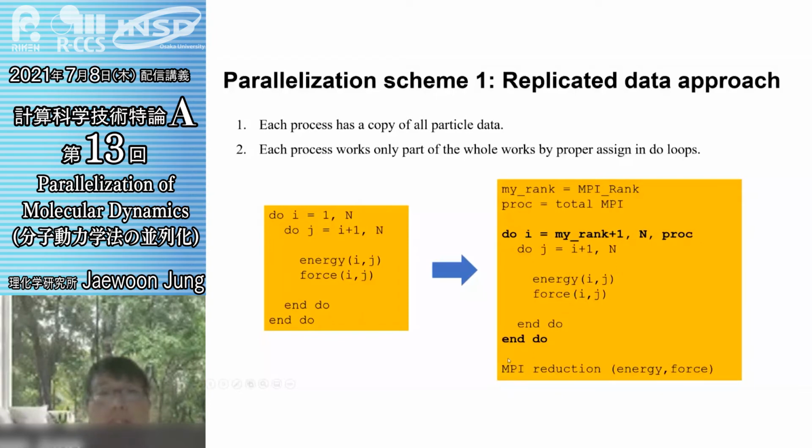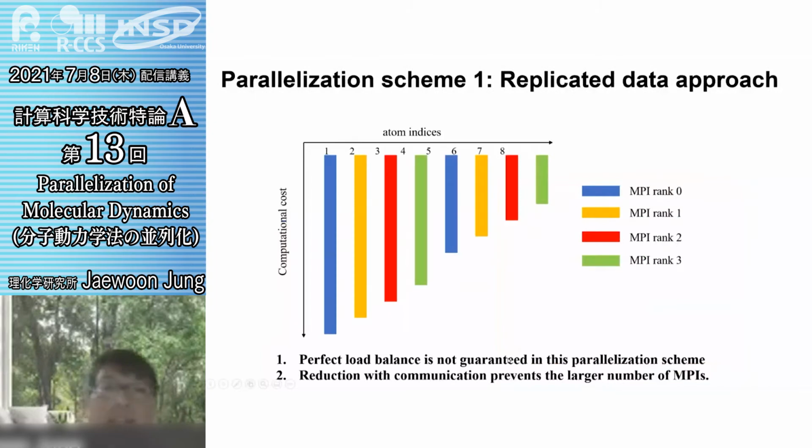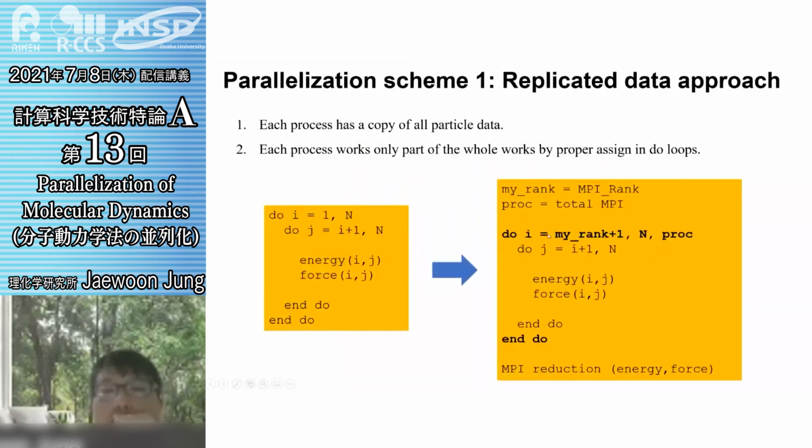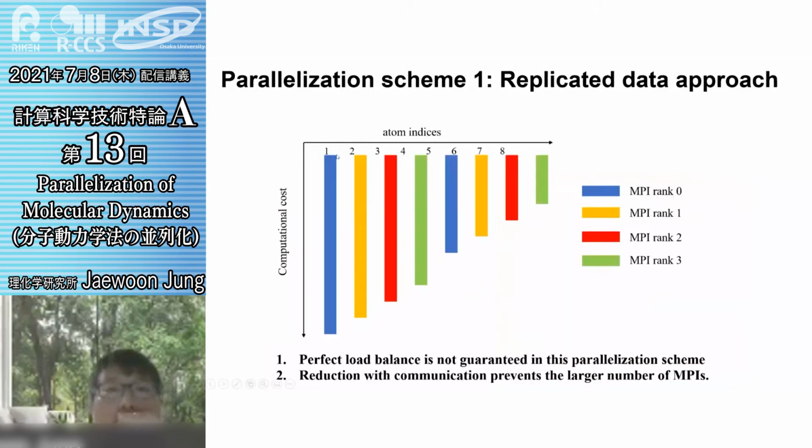So finally, we need some reduction scheme in MPI. In this case, let's see that. For each particle I, they have a J list of a different size in this way. The second one has, and third, fourth, fifth, and so on, in this way.